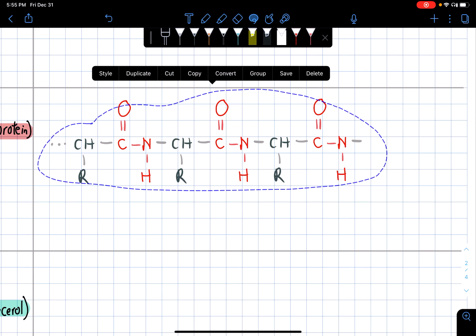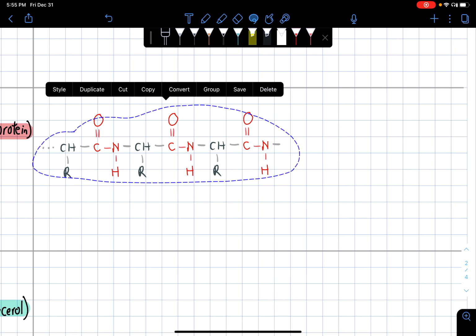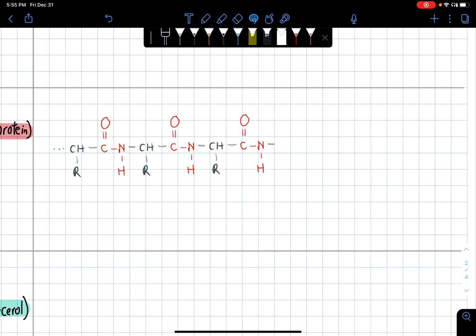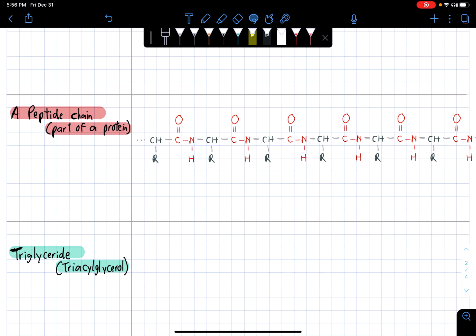So we'll just have to make this smaller so that 6 would fit. All right, let's continue duplicating. So 4, 5, and 6. Let's make this smaller again.